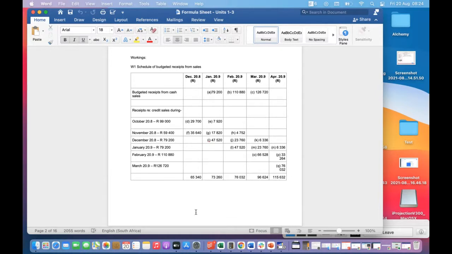All right. So once you now have the budgeted credit sales, then you ask yourself, okay, fine. They will then give you a breakdown to say our debtors pay us 50% in the first month following when they took the money out, 20% in the following month, and then they can say the remaining 30% in that final month.